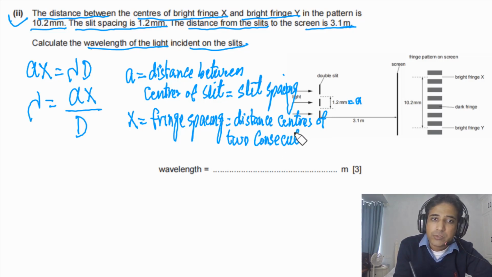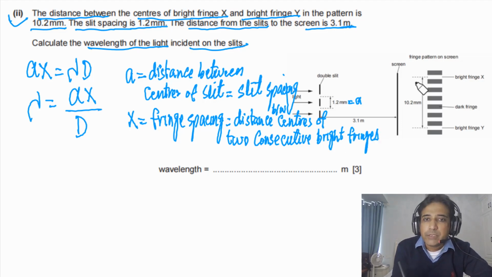Consecutive. If you get this point, you will not make a mistake. So this is how you need to understand two bright fringes. But what is this distance?